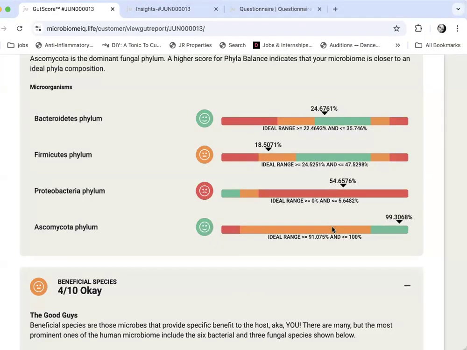And within the insights, we do have options for how you can do that. We do talk about including more anti-inflammatory and mucosal foods in the diet, supporting your diet with prebiotics and probiotics specifically, and increasing polyphenols and fruit and vegetable intake for the sole purpose of reducing inflammation.